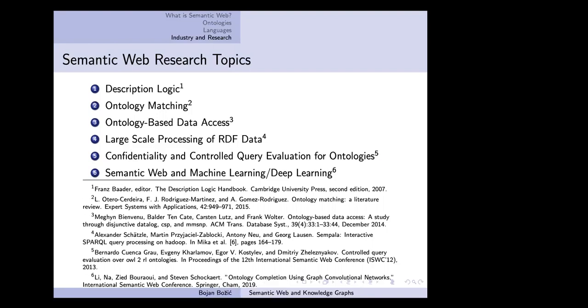And how to make information confidential and controlled by having specific queries to evaluate ontologies. And the last thing is for me also a very, very interesting part: how to combine basically semantic web and machine learning or deep learning nowadays is I think where there is a lot of leverage that we could have in improving products and improving a lot of algorithms and machine learning models that we're using right now.